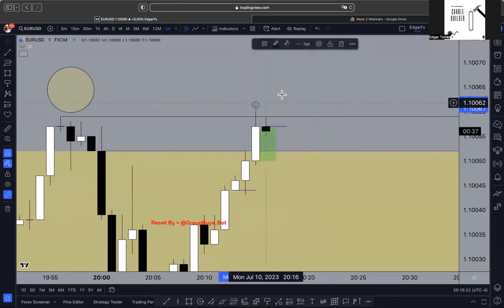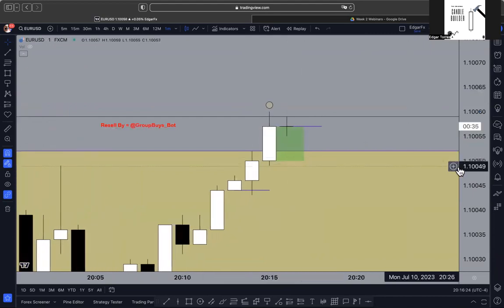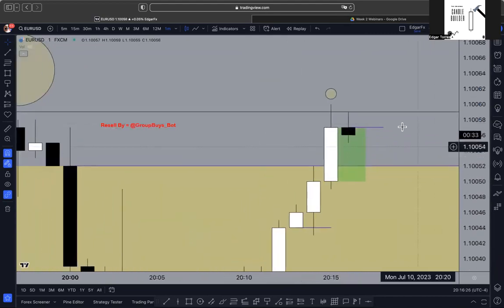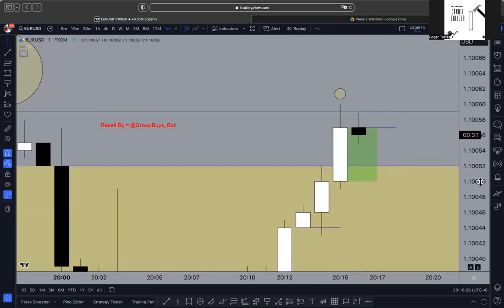I'm looking for somewhere up here. Check this out. Remember, I want you to think of the process. Candle is born, the candle moves, and the candle stops moving. The candle prints. The candle's born, the candle moves, and the candle prints.